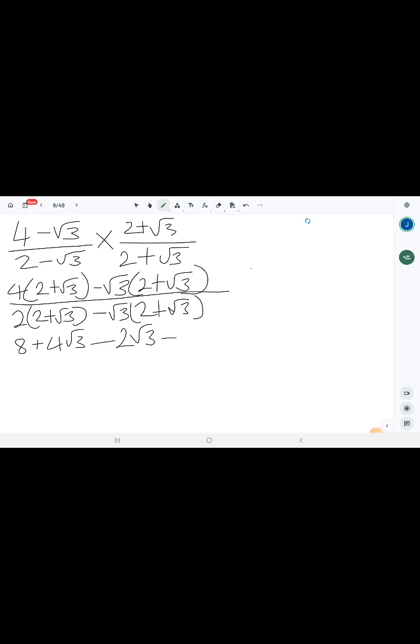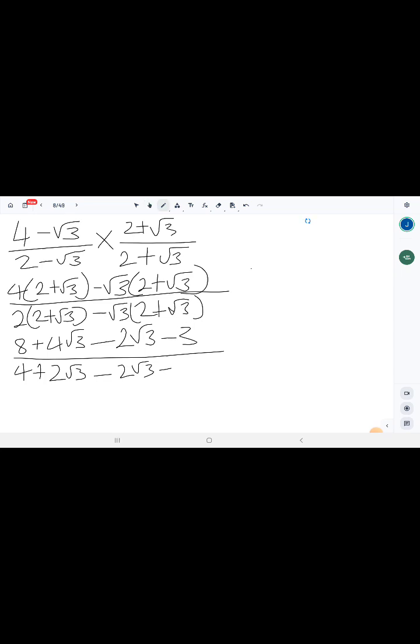down as minus 3 over. I'll move to my denominator, and I would say 2 times 2 is 4 plus 2 root 3 minus 2 root 3, minus same thing again, minus root 3 times plus root 3 would give us minus the square root of 9, and the square root of 9 is also 3.